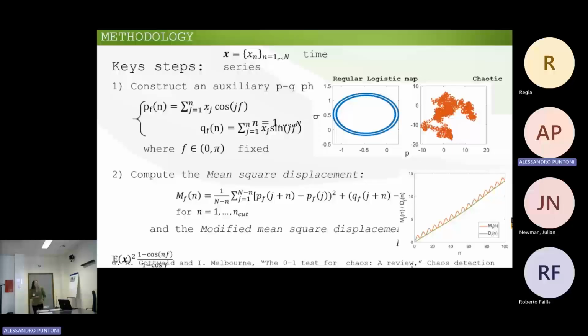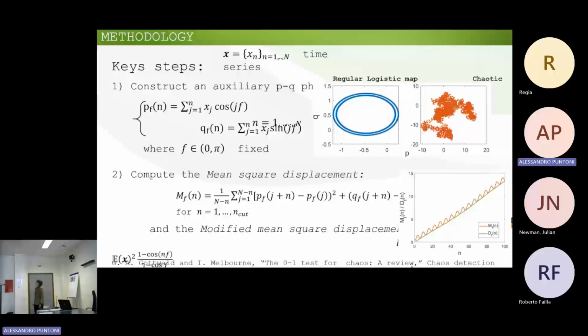For this reason, n should be much smaller than capital N. Otherwise, the mean does not make sense. In this graphic in orange, you can see the profile of M. Observe that there are several oscillations. We don't care about these oscillations since we are only interested in how this quantity is growing. So we compute the modified mean square displacement, and you can see the profile in green.